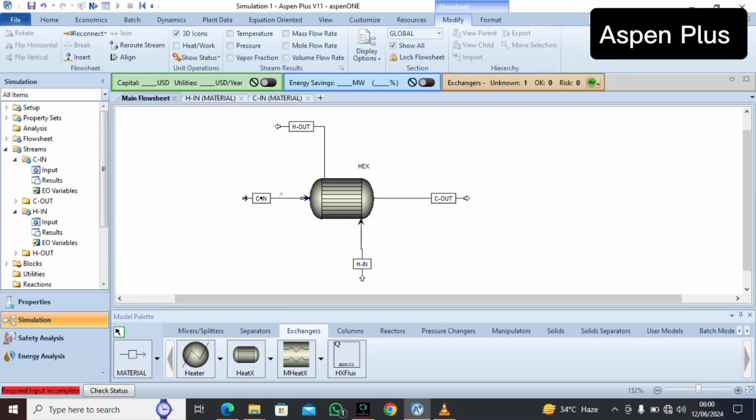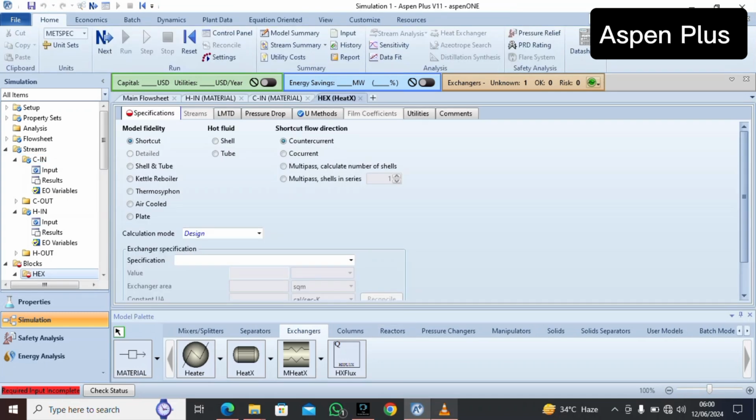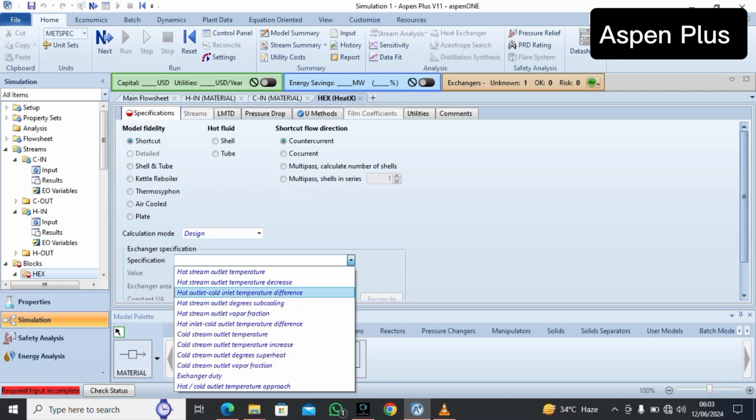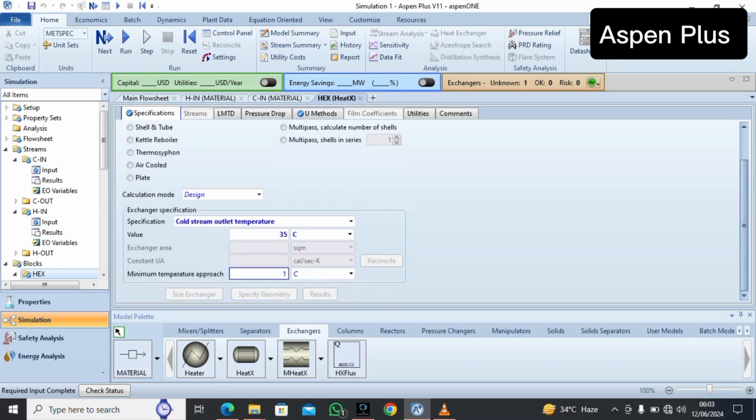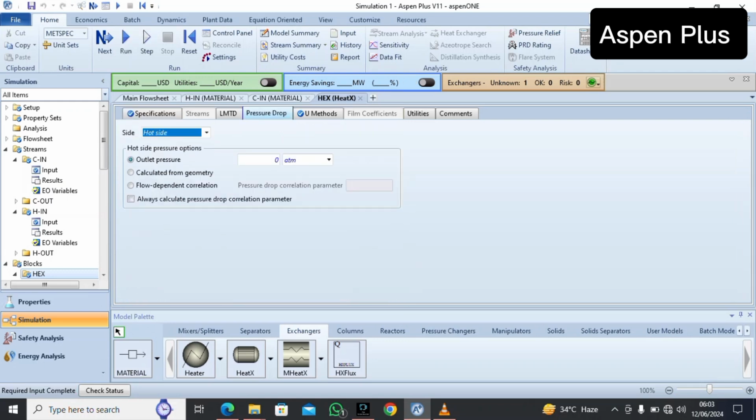Now we go to the main flowsheet and specify the heat exchanger data about the cold outlet stream. So we click on the cold outlet stream. The specifications: temperature here is 35 degrees Celsius, minimum approach is 10 degrees C, pressure drop of hot side is minus 0.1, and cold side is minus 0.2.